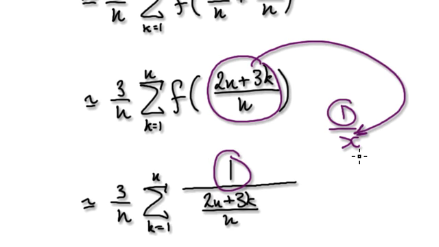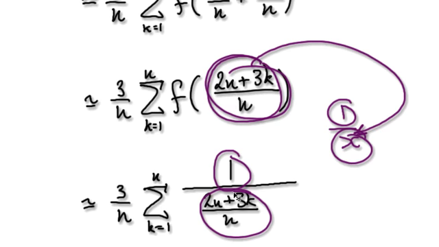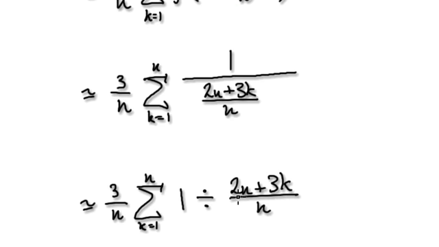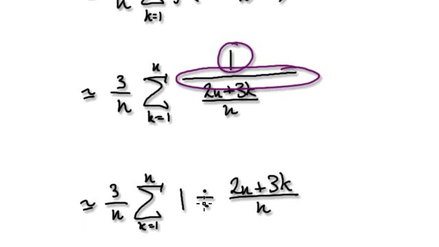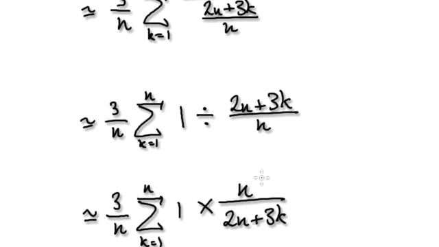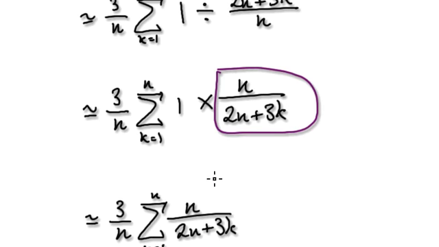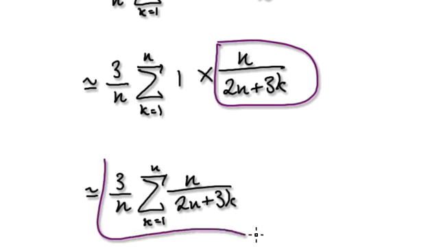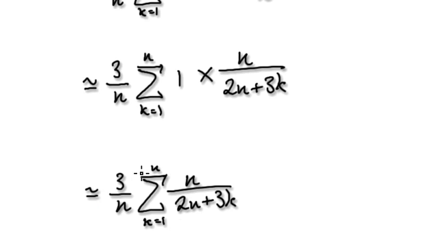It becomes 1 divided by that whole thing. Dividing is the same as timesing the reciprocal, so that will take us to here, and it then becomes this. Now hopefully you cannot go beyond this.